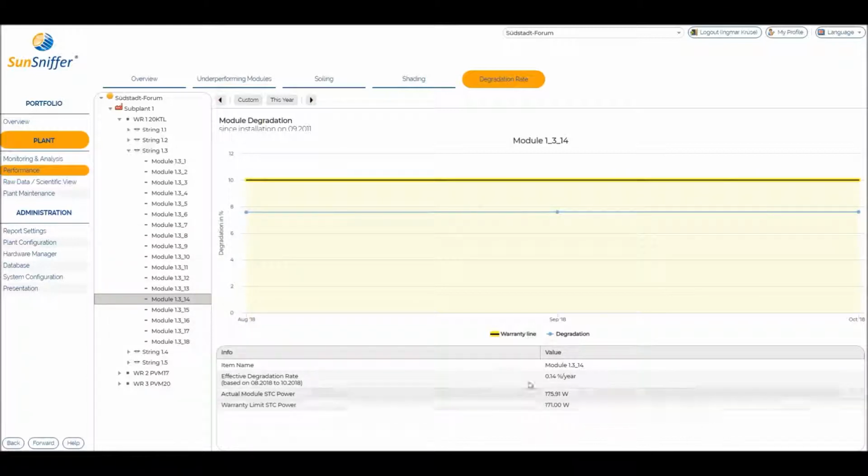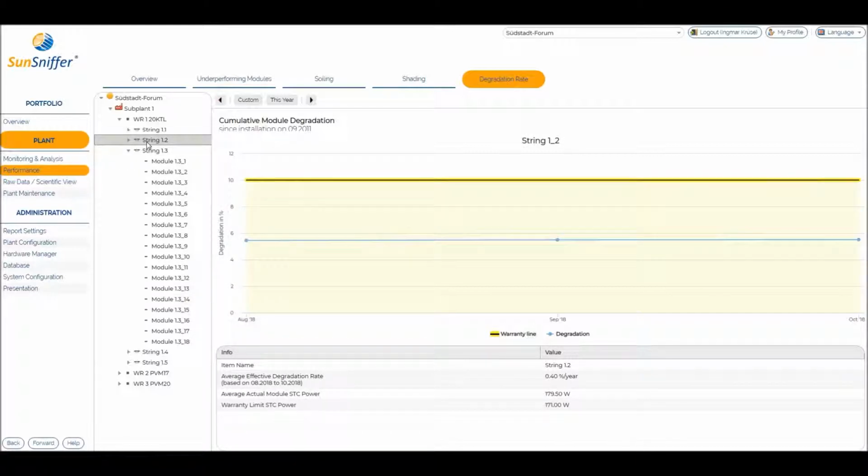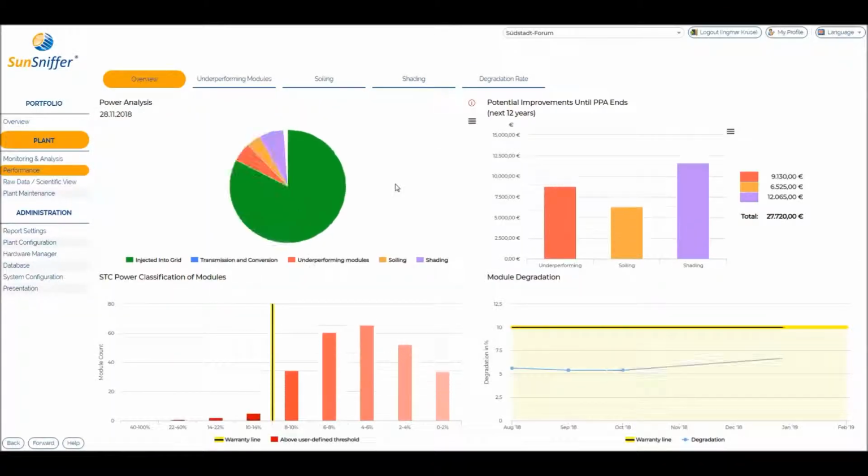This is a very good module with 0.14, at least recently. So we're displaying all the necessary information for you to run the plant and have actionable feedback on it.